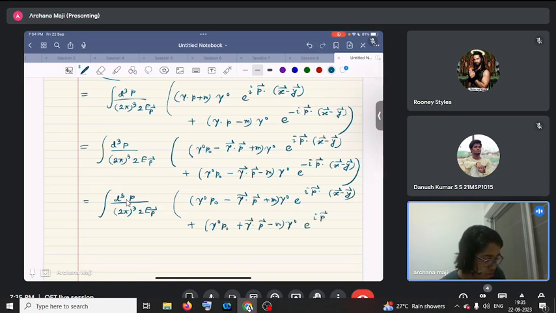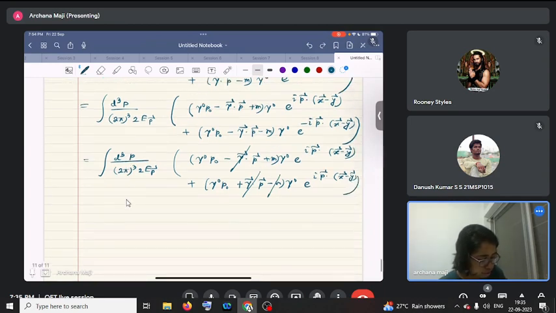So this term gets cancelled with that, and these two also get cancelled out, and we are left with, gamma 0 square is identity, so two terms are now same, so 2 times P0, and P0 is nothing but E_P. So this gives d3p over 2 pi cube exponential i P·(x minus y), which is the delta function, 3-dimensional.